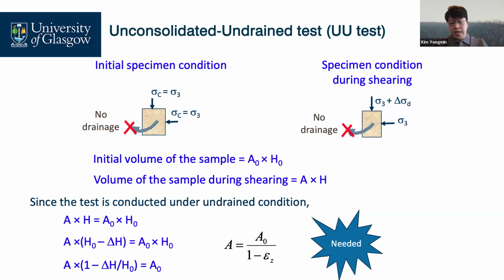In the UU tests, the first U means unconsolidated, close the valve. The other U is undrained, and the valve is still closed. It means that in these two stages, we can measure pore water pressures.